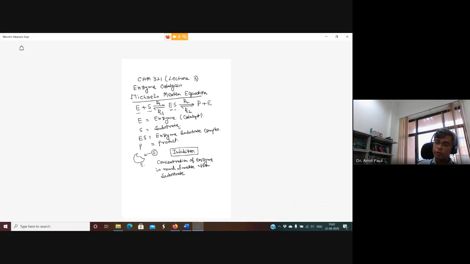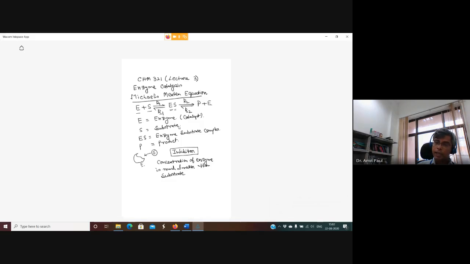So there are three common points we have to understand. First, the enzyme reduces the kinetic barrier that makes the reaction faster by forming the enzyme substrate complex.